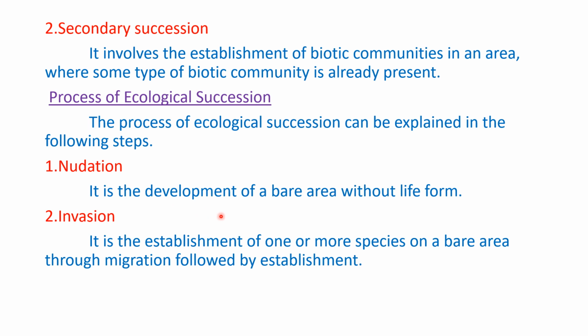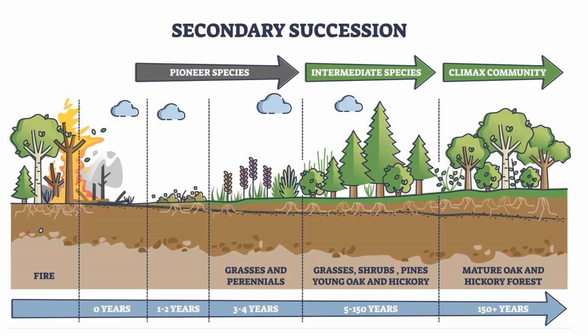It is the development of a bare area without life forms. So you can see that secondary succession also takes more than 100 or 150 plus years. First is the pioneer species, intermediate species, and climax community.